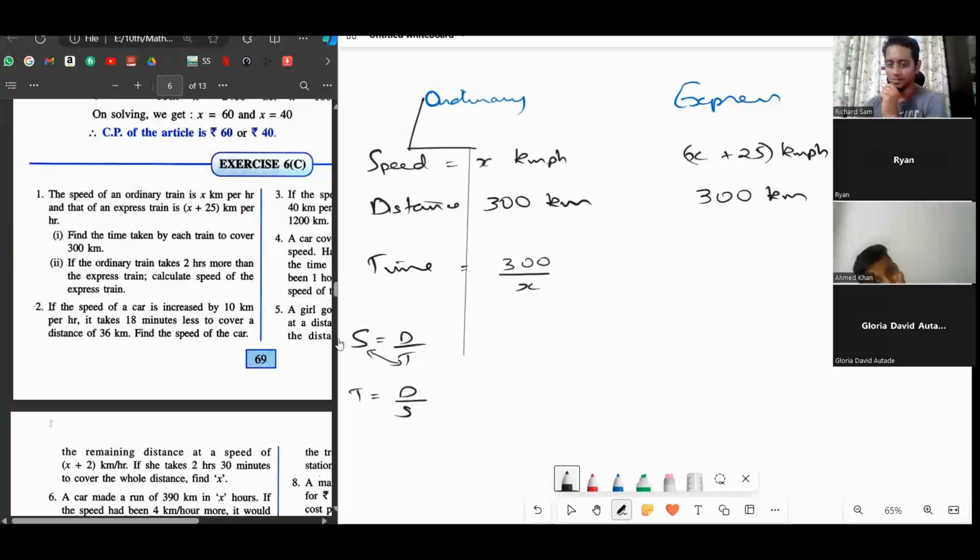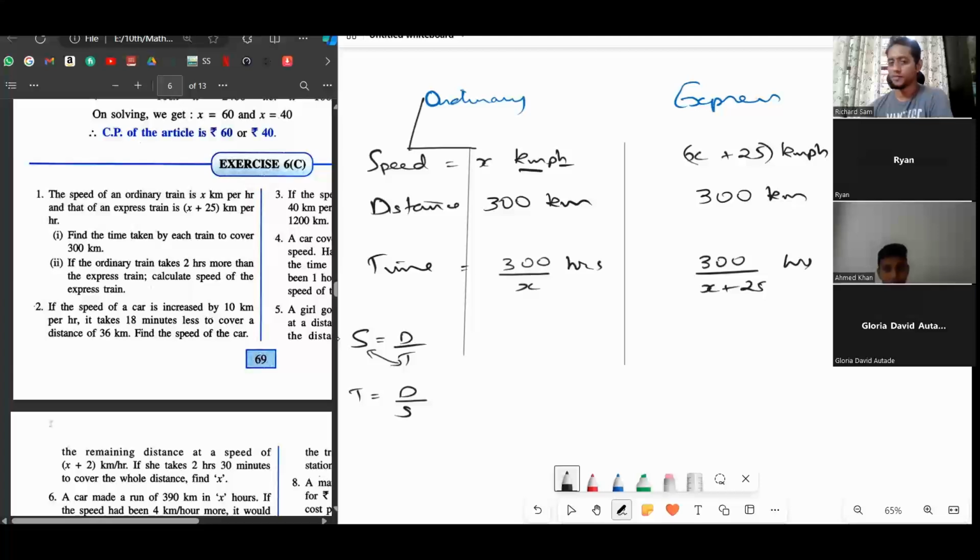Kilometer is for distance and hour is for time, so this is hours. Now, what about the time for the express train? 300 upon x plus 25 hours. This is your first answer.